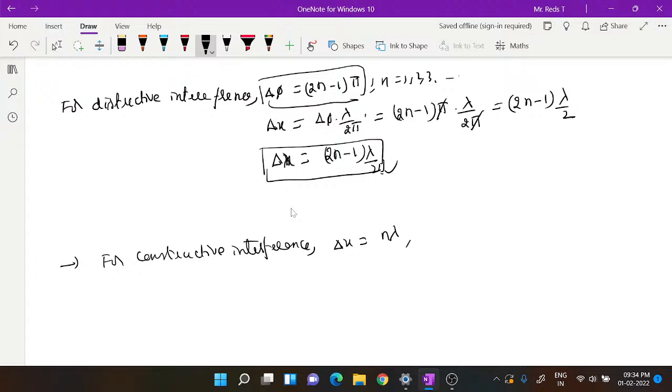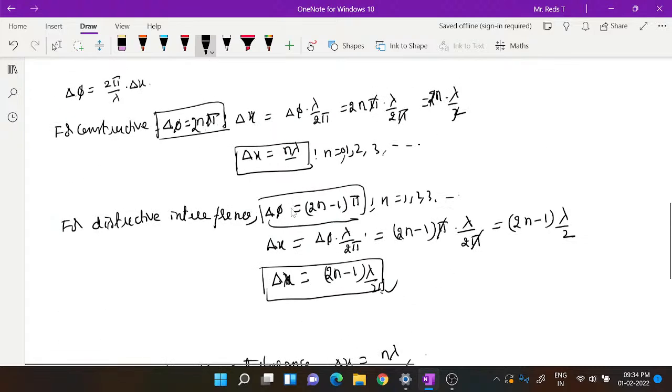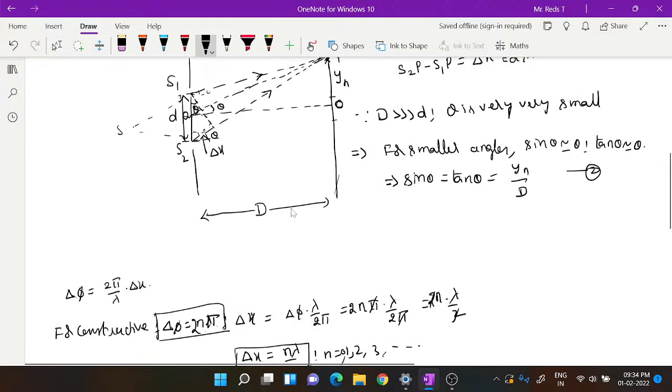Actually, this path difference in the double slit experiment is nothing but d sin theta. Delta x is d sin theta.